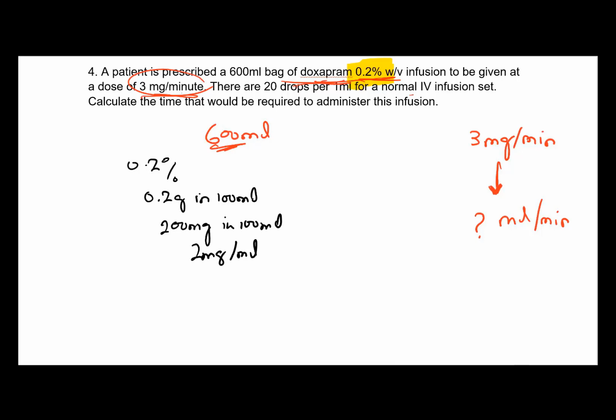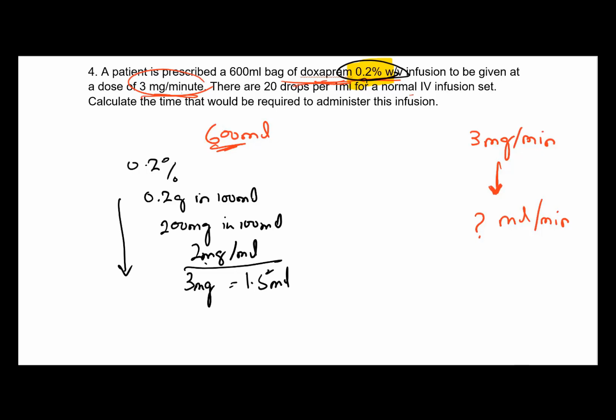I know that 2 milligrams is present in 1 mil, so 3 milligrams will be present in how many mils? 1.5 mils. The reason I'm trying to find out how many mils in 3 milligrams is because of this. From this information, I found out that there's 2 milligrams present per mil.